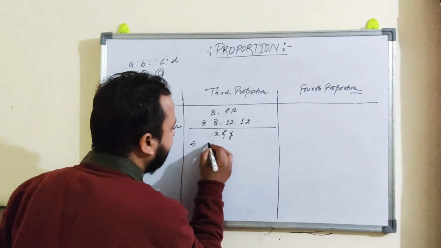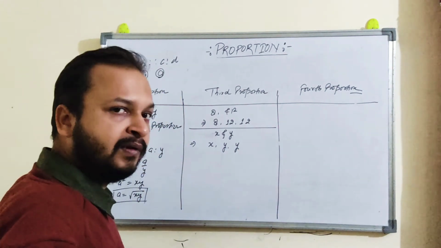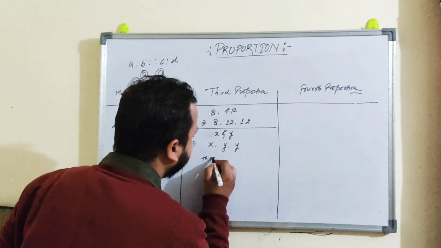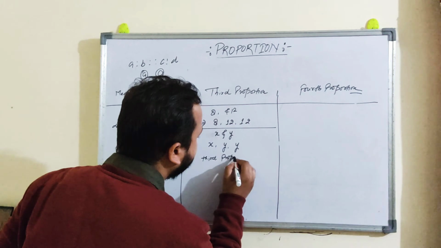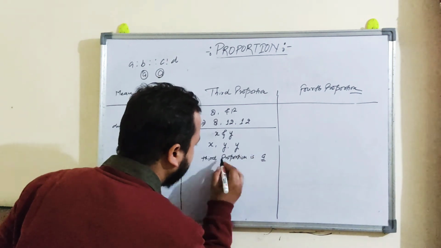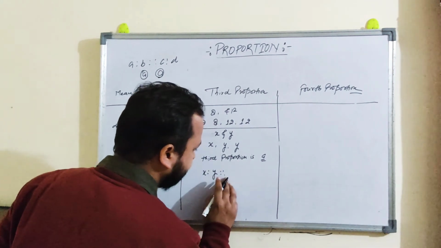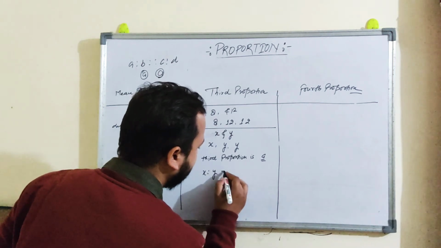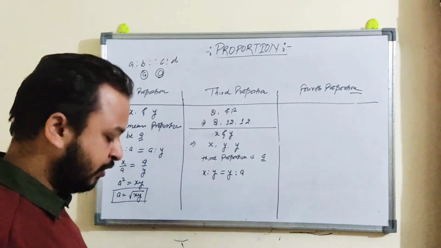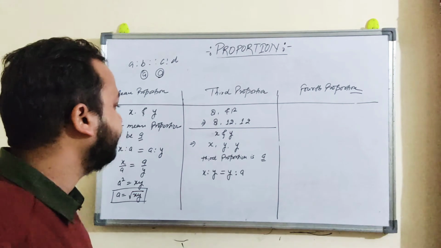What you have to do, you can write it as x, y and y, and suppose the third proportion is A. So you can write it as x is to y, with this sign or the equality sign, is equal to y is to A, because we know that the mean comes in both positions.